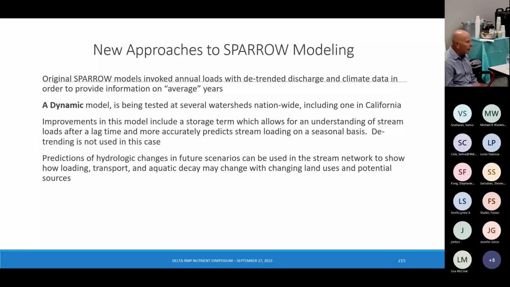Can we actually use this? We've got a plan B if this doesn't work, but we're going from testing it out in basins with a lot of good data to basins with hardly any data, and what can we do with it? So I think that's it.